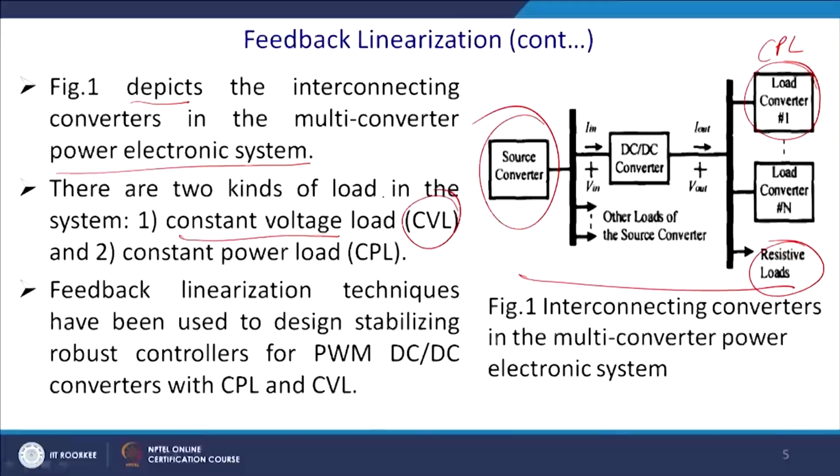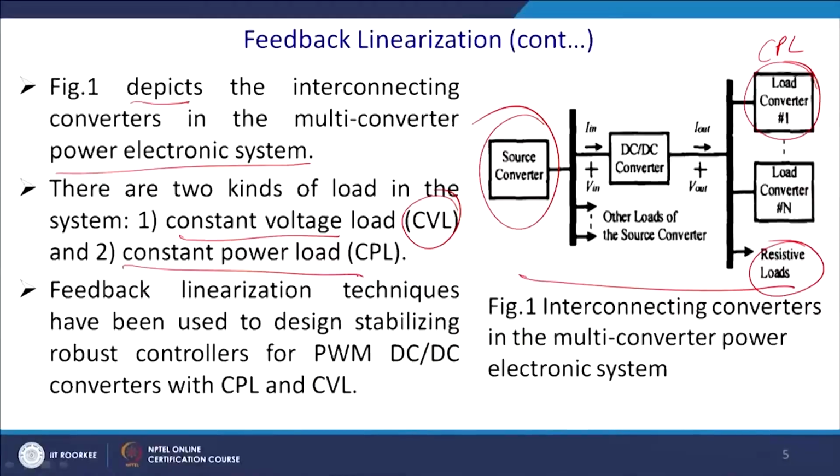So, it will always try to take a constant voltage if it is trying to maintain the MPPT voltage or something like that, or this voltage is required to be fixed. And another type is the constant power load. It will always consume a constant power irrespective of the voltage within some range, and thus within the range the current will fluctuate.